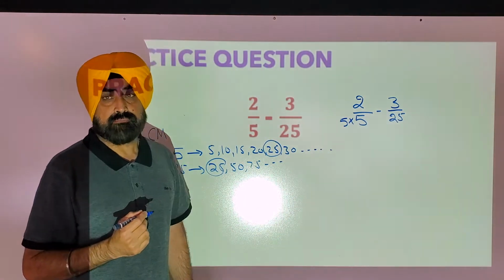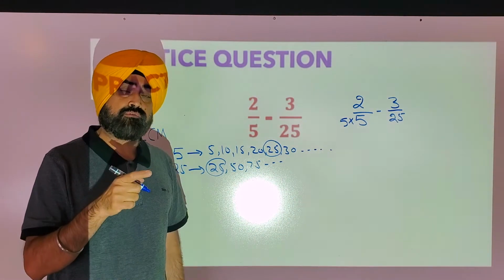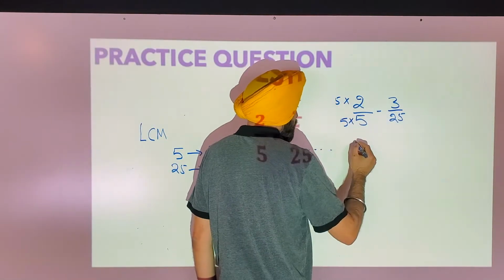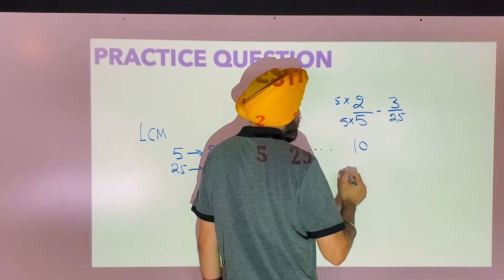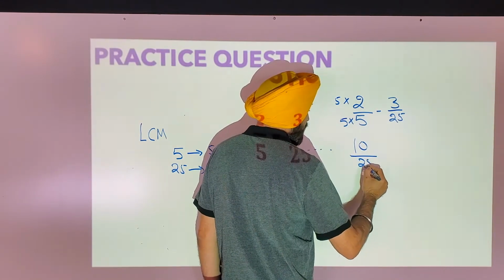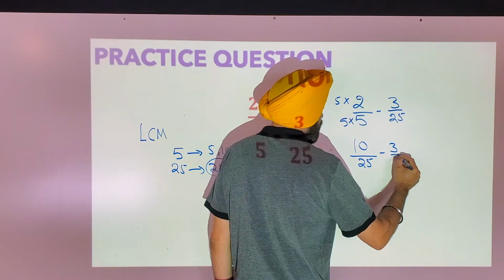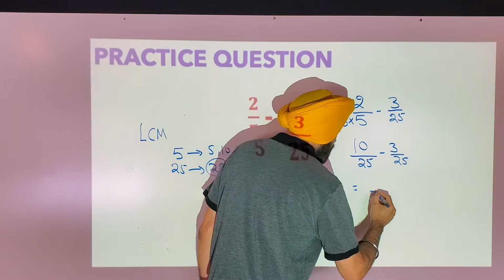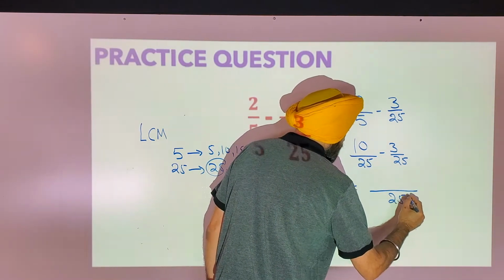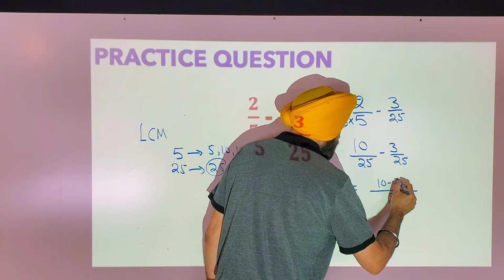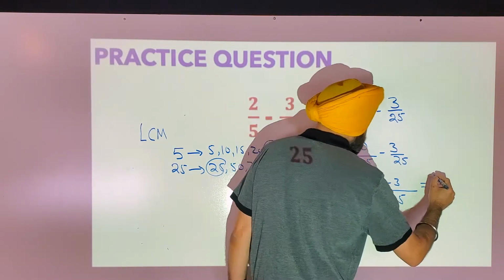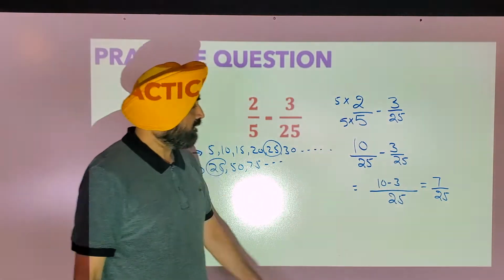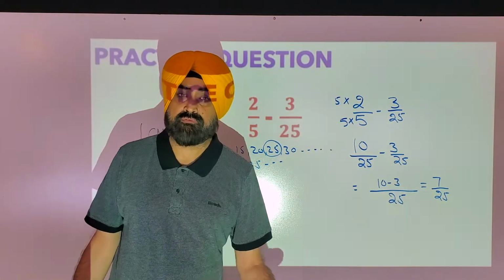Whatever we do to the denominator, we do the same to the numerator, so times this also by 5. 5 times 2 is 10, so 10 over 25 minus 3 over 25. Now the denominators are same, so just write the denominator once and subtract the numerators. 10 minus 3 is 7, so 7 over 25. Now see if you can reduce. No, we cannot reduce further. This is our final answer.